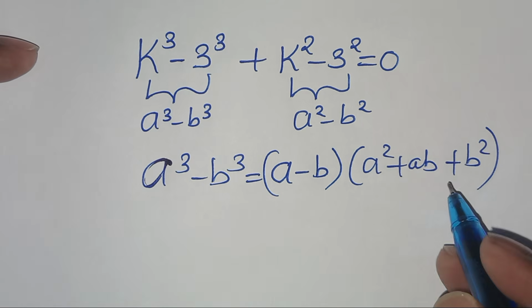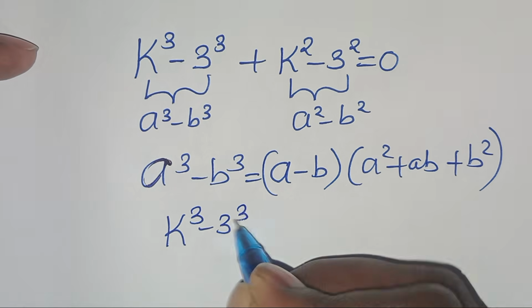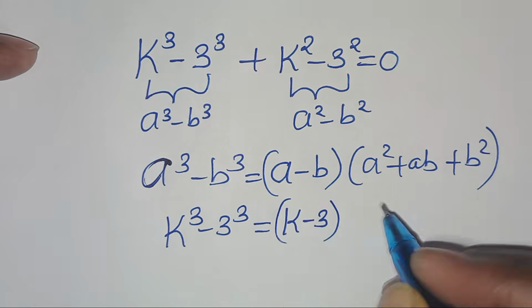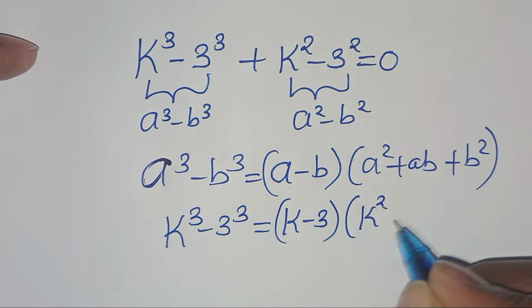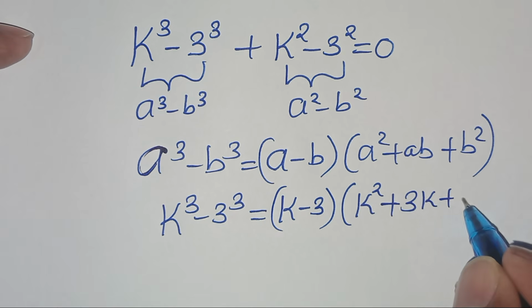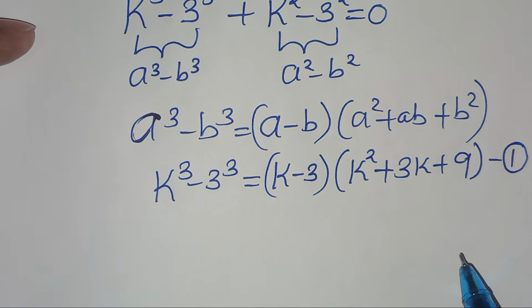Applying this identity, we have k to the power of 3 minus 3 to the power of 3. This is the same thing as k subtract 3 times k squared plus 3k, then plus 3 squared, which is 9. Let's call this the first part.